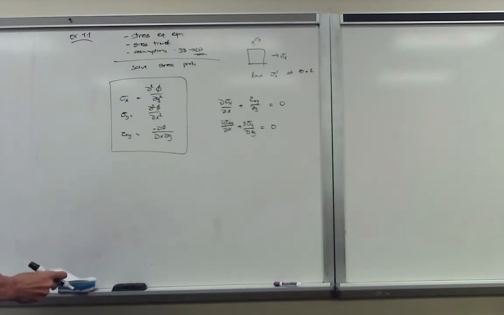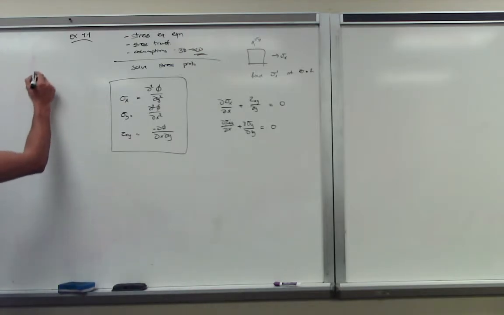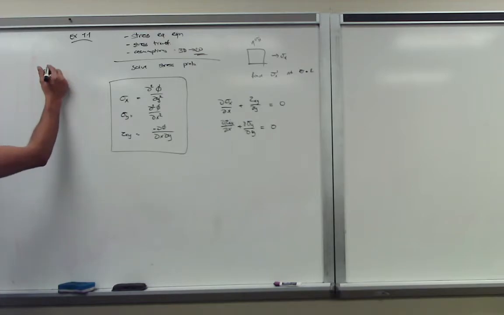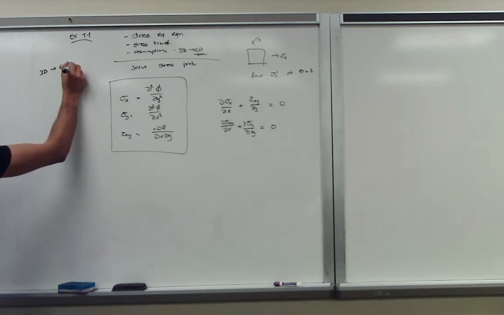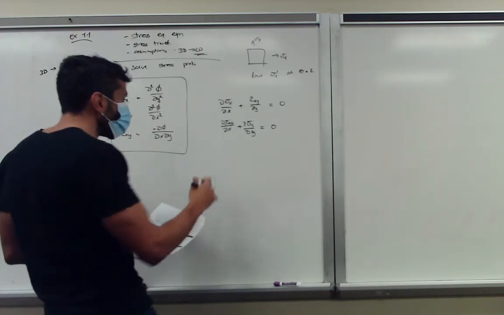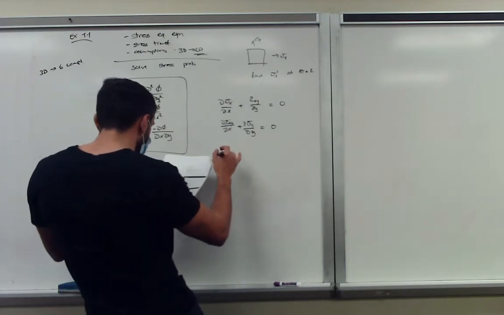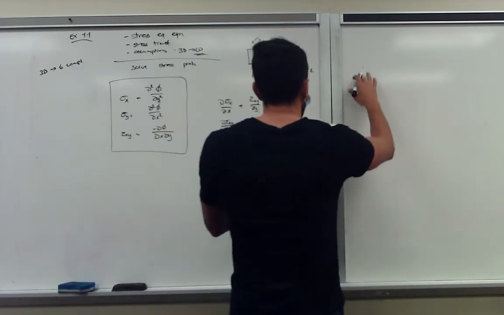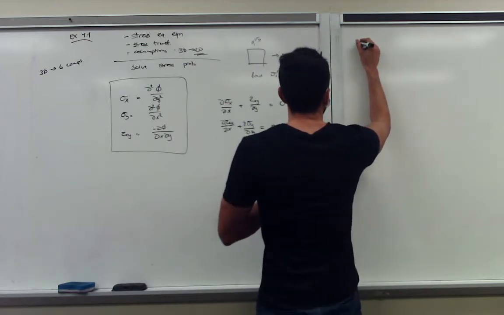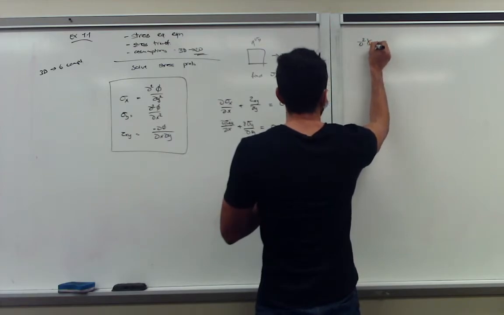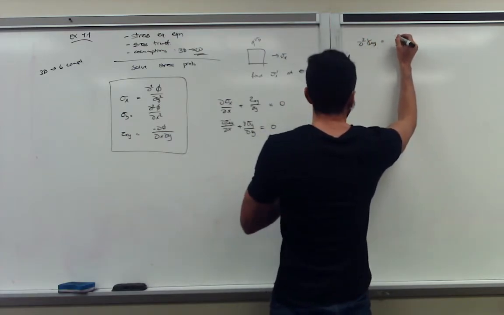And then we also had, if you remember correctly, in the 3D case a set of equations, and we had 6 compatibility equations. Those 6 compatibility equations actually reduce to one compatibility equation. Let me write it down here. I'll write all of it down.